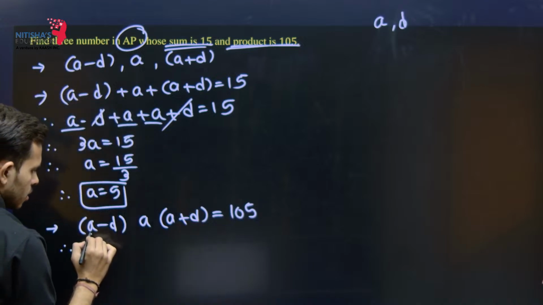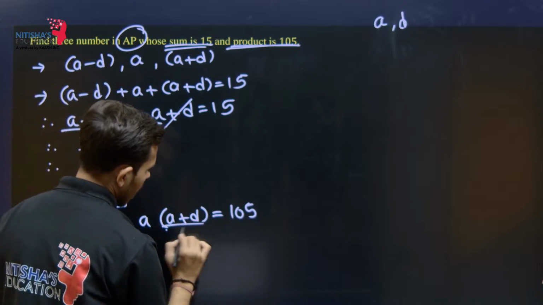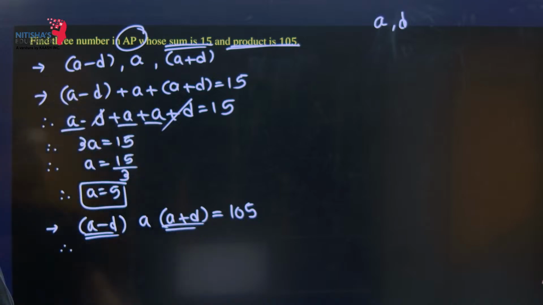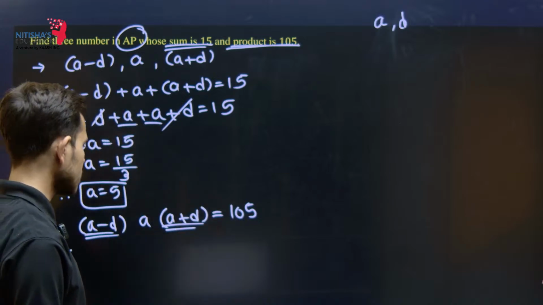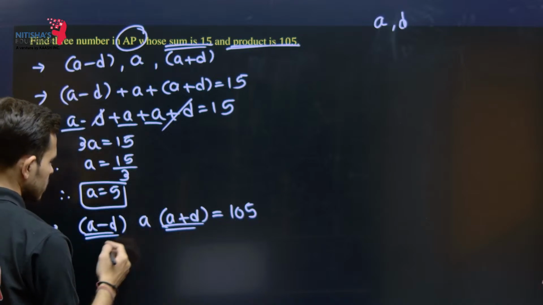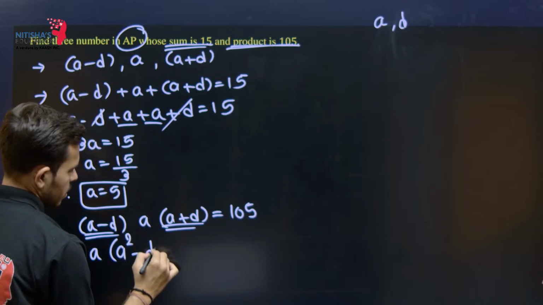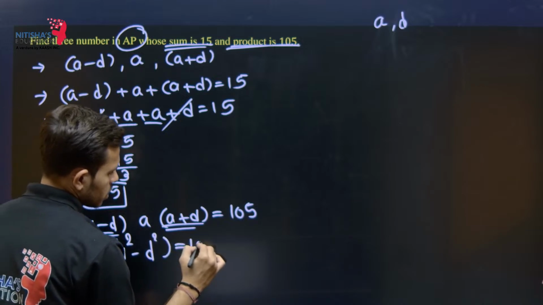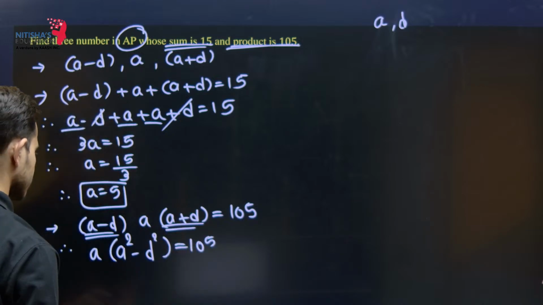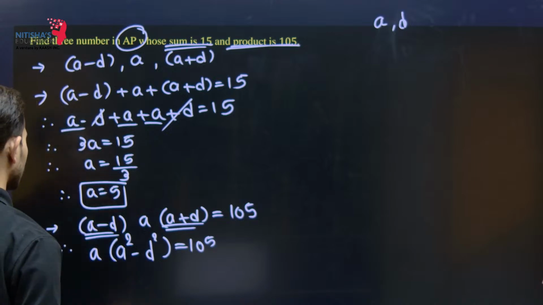Here we have to use an identity where the first term is equal and the second term is equal, one is minus and another is plus, then we can say it is A square minus D square. So A times A square minus D square is equal to 105.